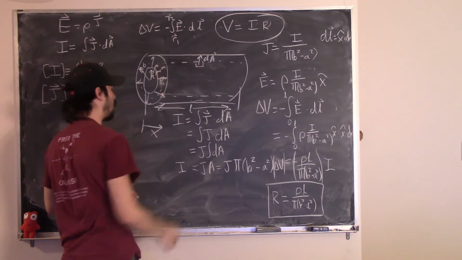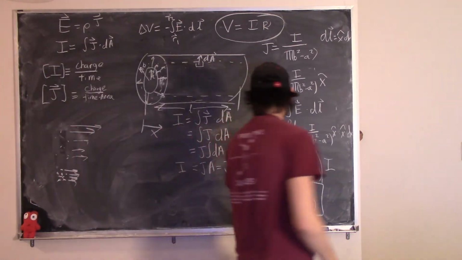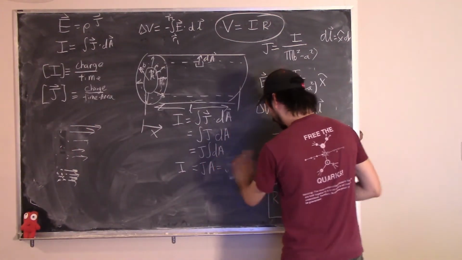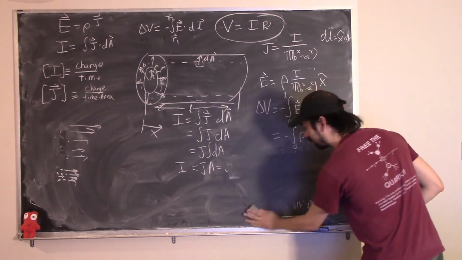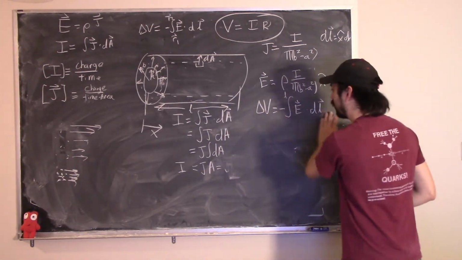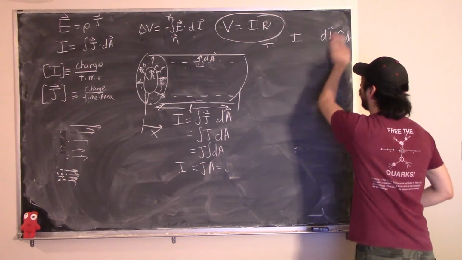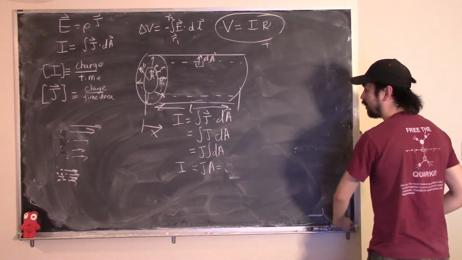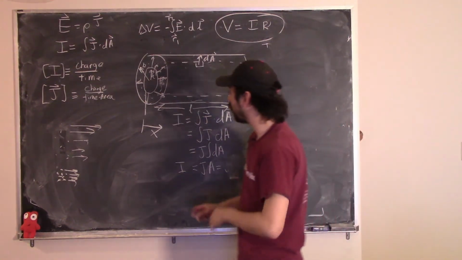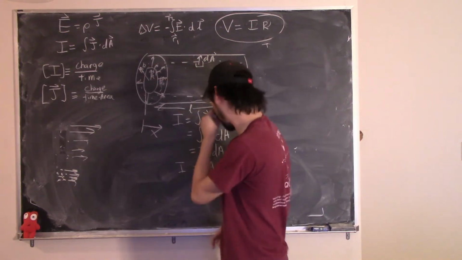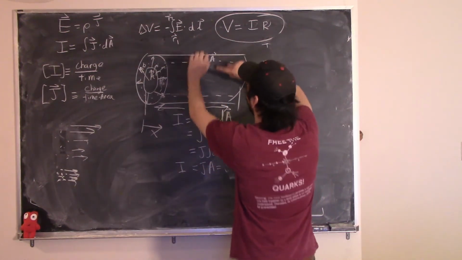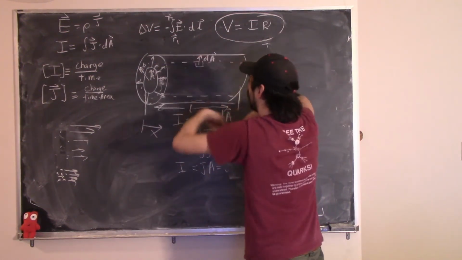some variable radius of r. And so what that does in effect is we can come down to here and we see that I is just going to be equal to J times A, where now instead of A being the cross-sectional area that we have, this is just going to be the area of the cylinder that we have here.